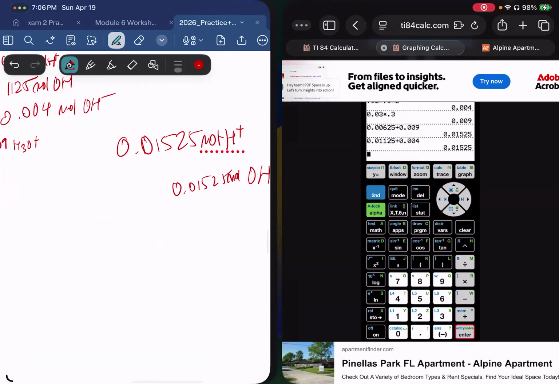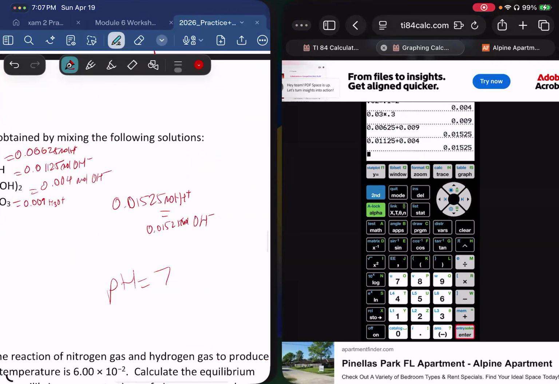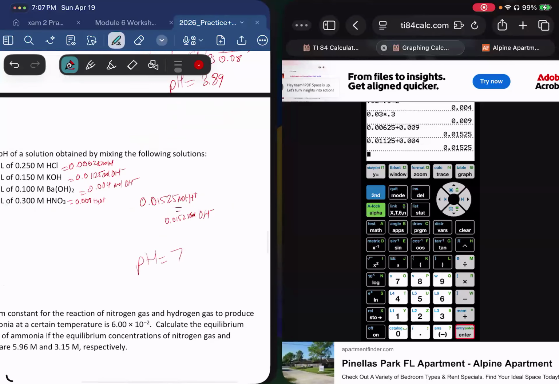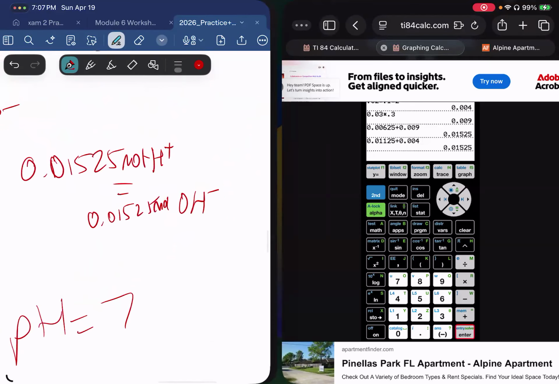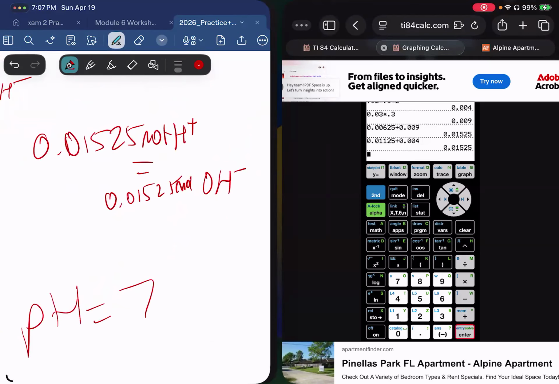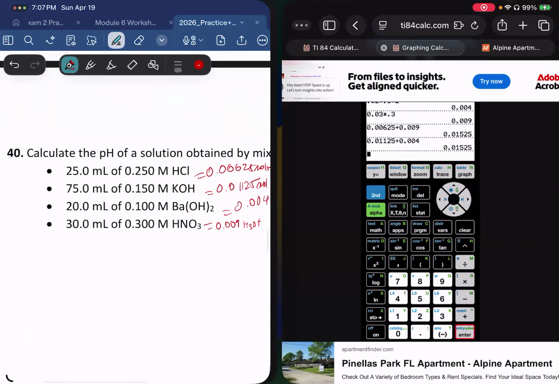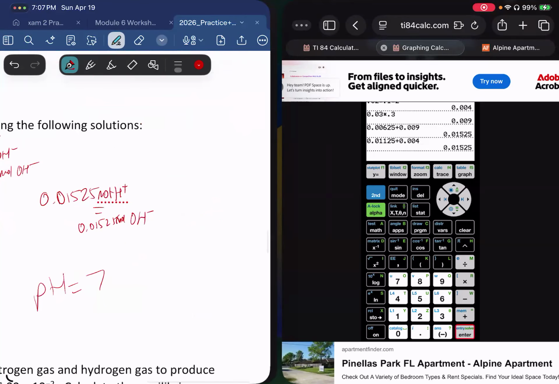They basically cancel each other out, so the pH is 7. If they didn't equal one another, we'd have to figure out which one's limiting. Then you'd have the moles and the total volume, so you find the concentration and take the negative log of that, or 14 minus the negative log, depending on whether hydronium or OH minus was left over.